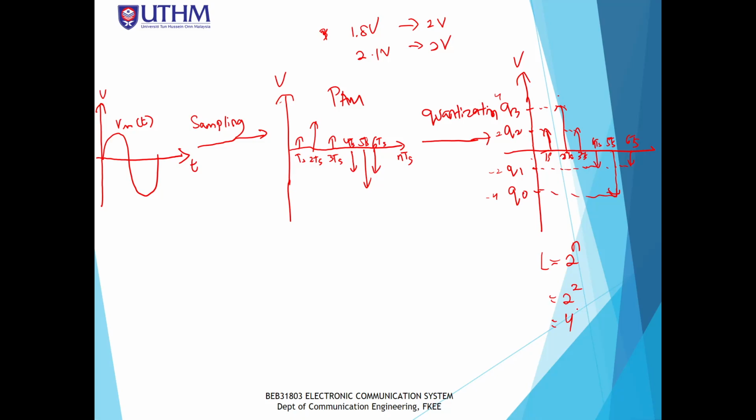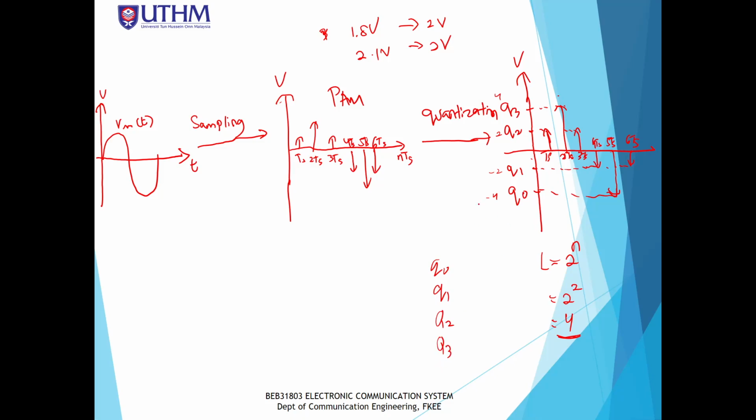So what is 2 bit? 2 bit means that the system will process every 2 bits of input. If I have 4 levels, that means I have 4 different codes. Here you see that I have Q0, Q1, Q2, Q3.